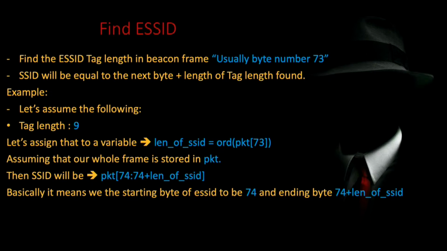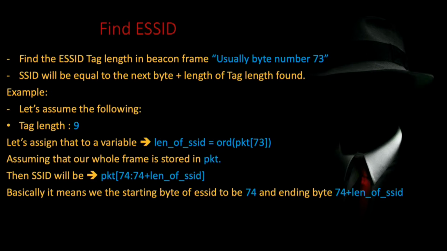So why do we need to know the length? Because we want to count how many bytes after byte 73 the ESSID name extends. So we get byte number 73 and save it in a variable, let's call it len of SSID.